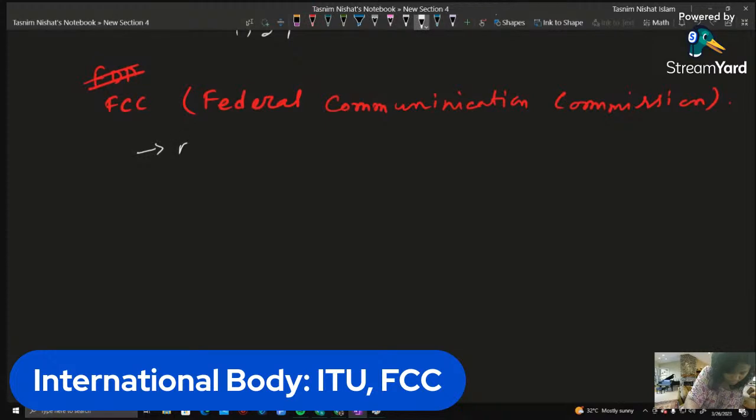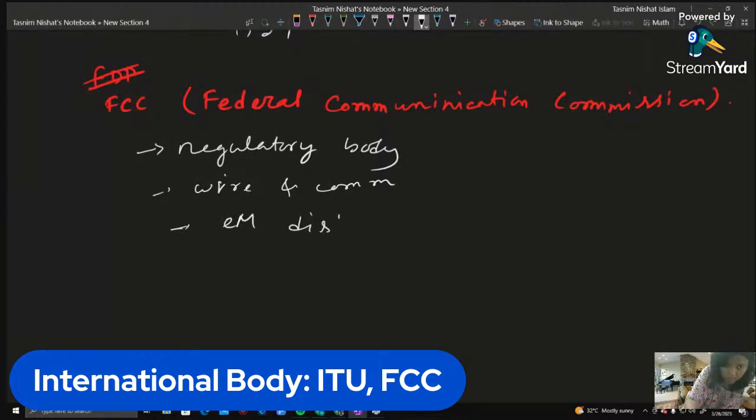This is a regulatory body and it controls the wire and radio communication, and it helps worldwide with the EM disturbance.